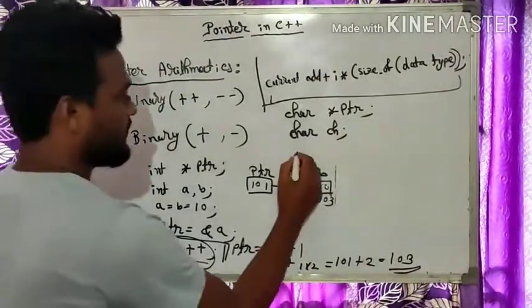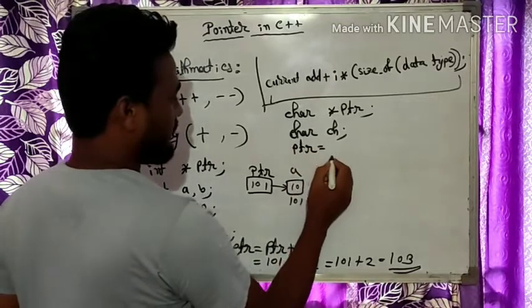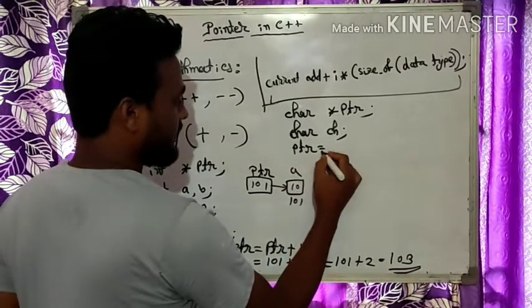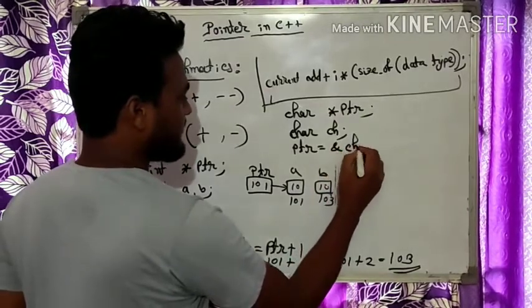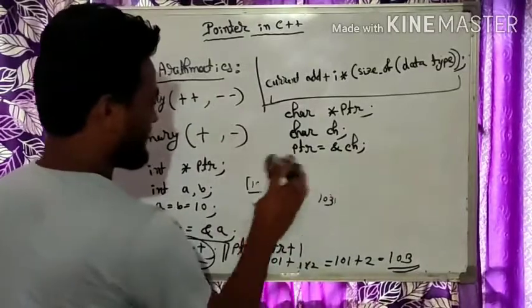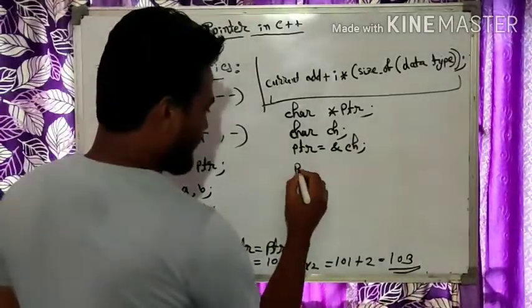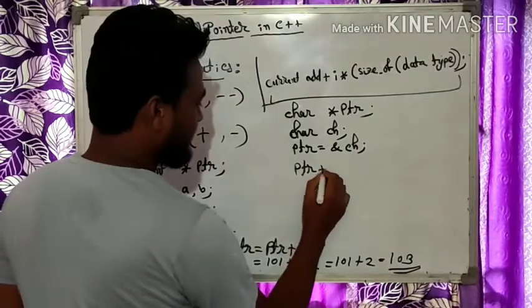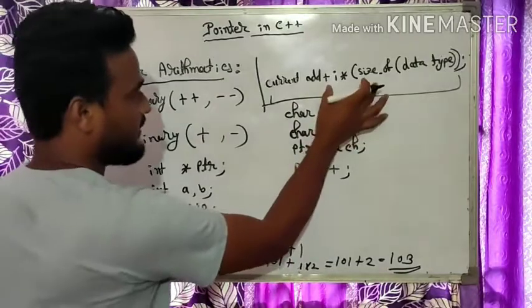Now ptr equal to ampersand ch. Now when you apply this increment operator, it will be incremented by this.